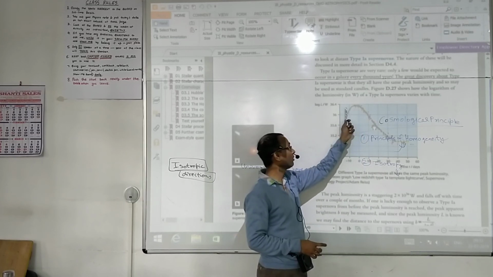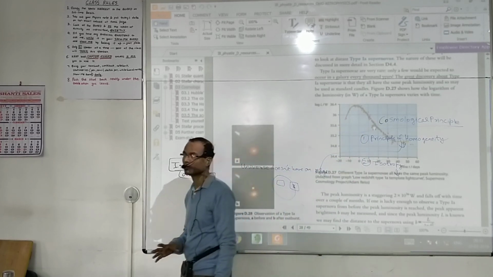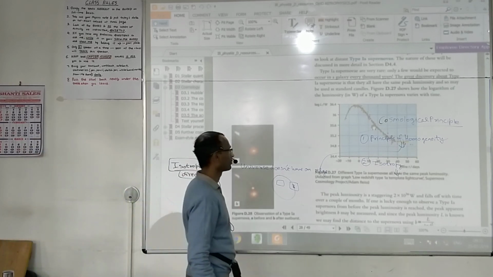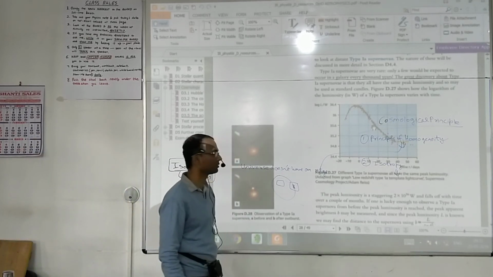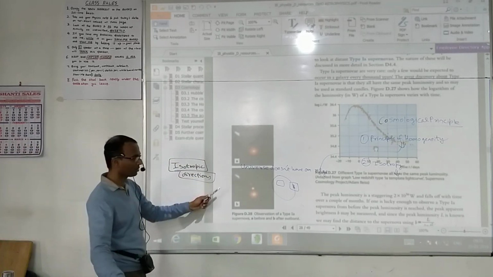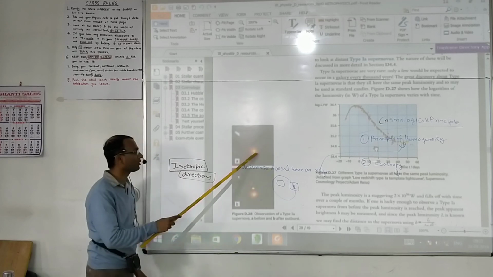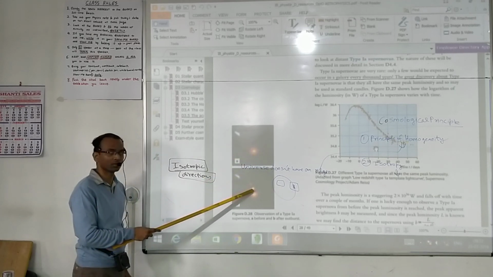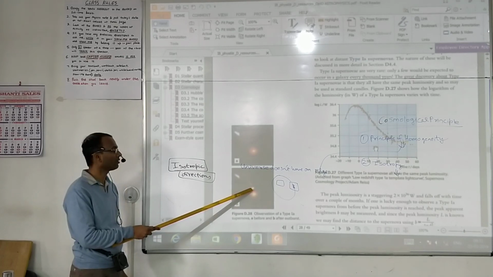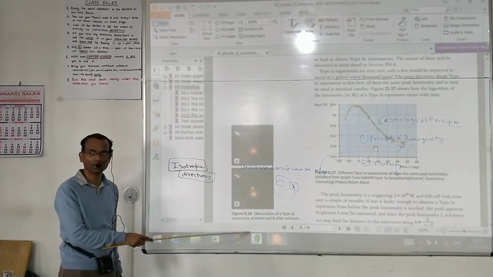This peak value of luminosity is the same for all type 1a supernovae. That's why they are called standard candles. You can see in this picture a star without a supernova, and then the supernova suddenly appears. See how bright it is. It increases in brightness and then suddenly dims down.